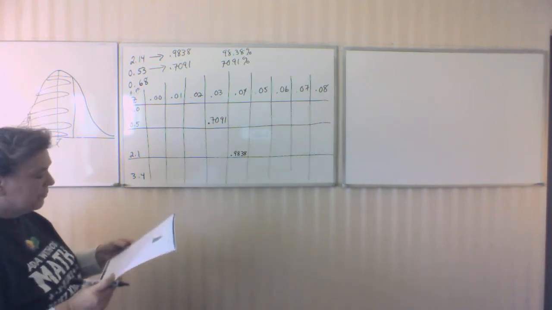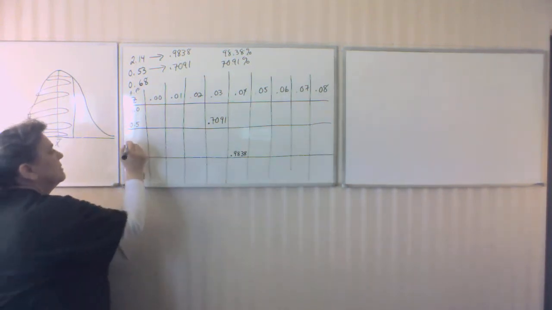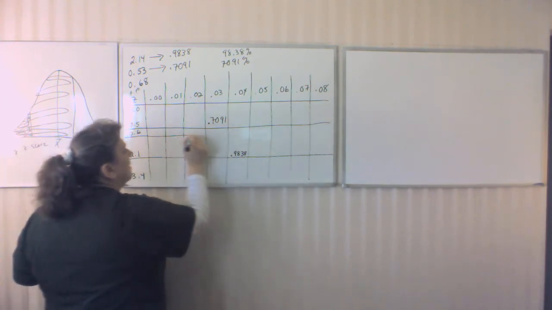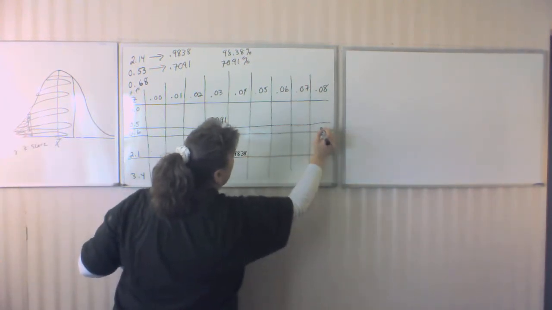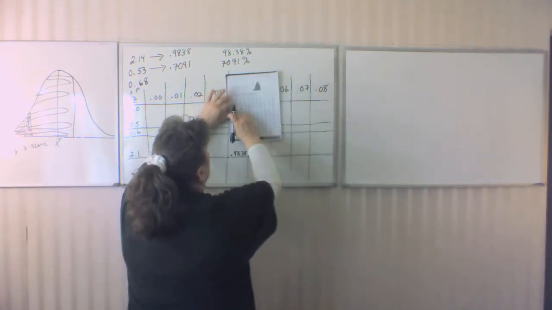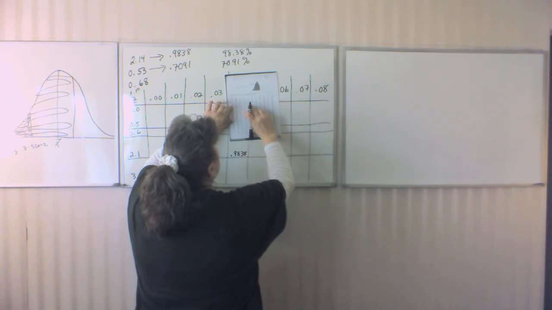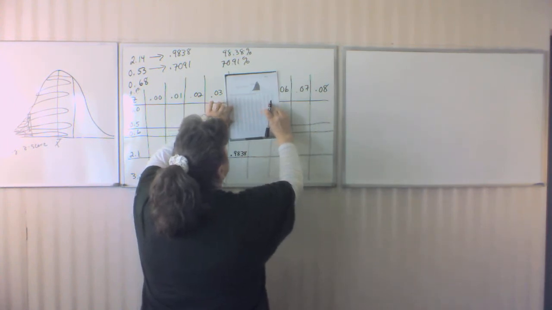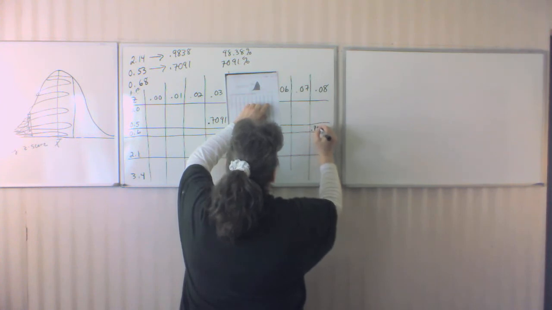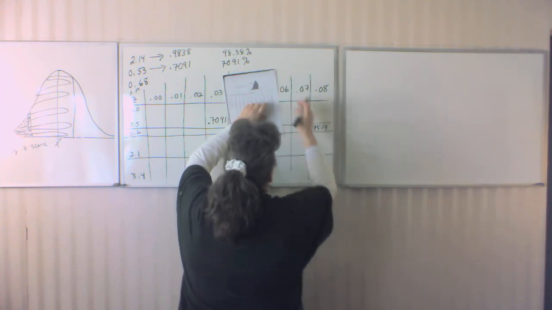Then our last one is a 0.68. So we're going to look for 0.6, which is just below that one. We're going to have to go all the way up to 0.08. I like a ruler because it's easier. It gives me 0.7517.